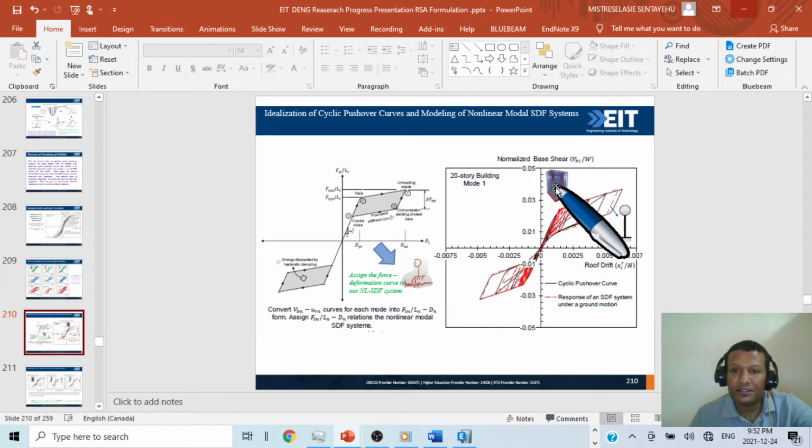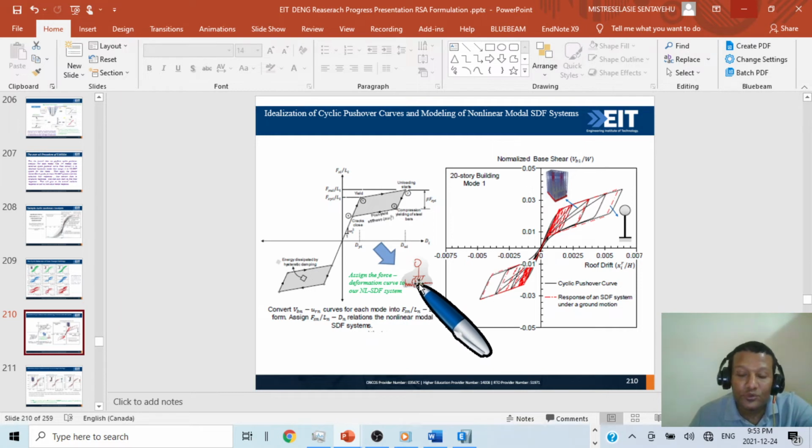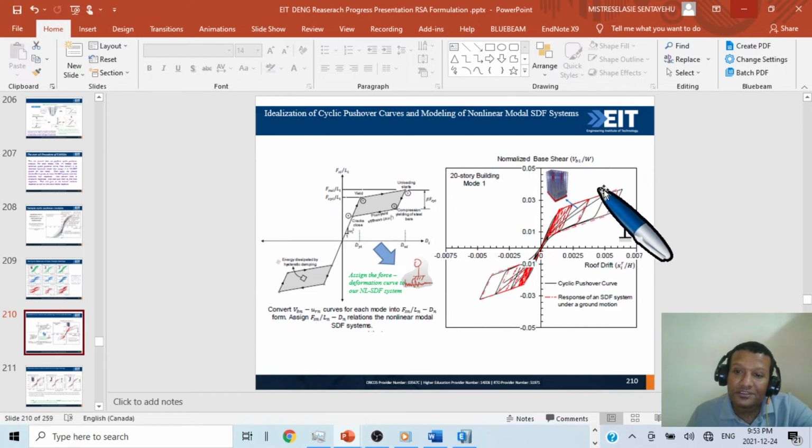So what they did is, this is the multiple degree of freedom system where they find the hysteresis loop, then they idealize it first. Then this backbone is given as K, and you assign the force deformation curve to the nonlinear single degree of freedom system and apply the ground motion to it. Then the response will match your multiple degree of freedom system.